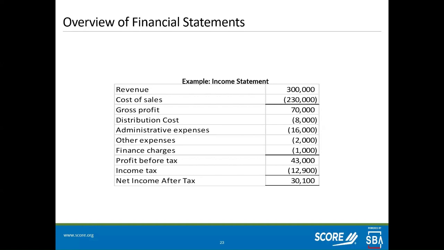Now that's a very, very small portion of the total amount of account categories you may have. And you could take these categories and break them down further, depending upon how detailed the information level you would like, and if you're doing analysis or reporting to a bank. Profit before tax, 43,000. Income tax, net income after tax, 30. Okay, next slide.